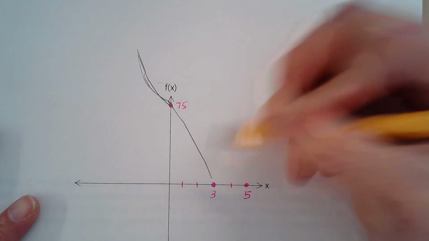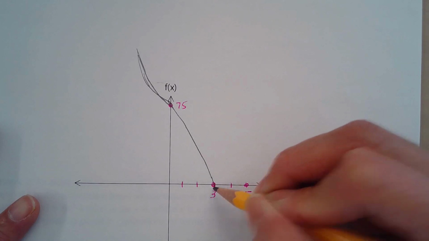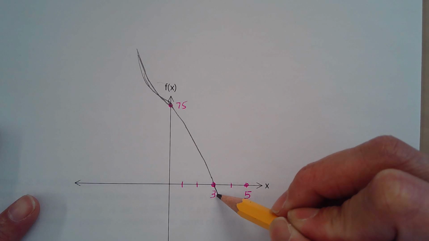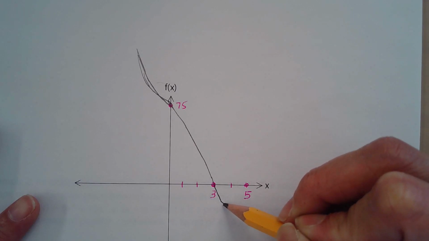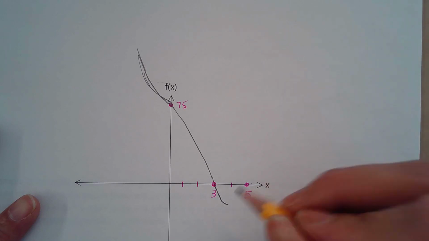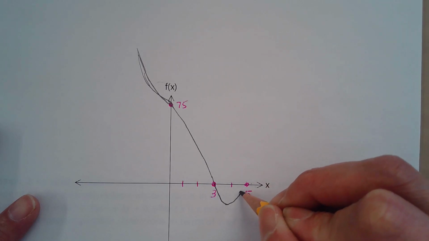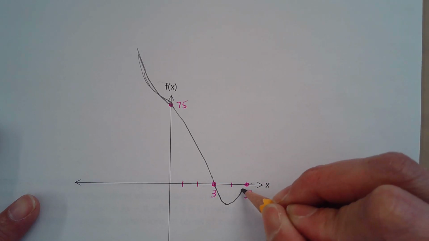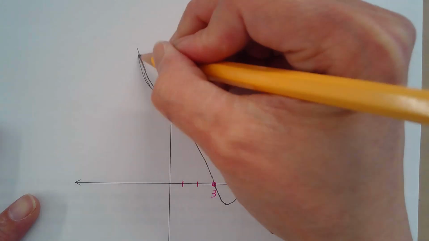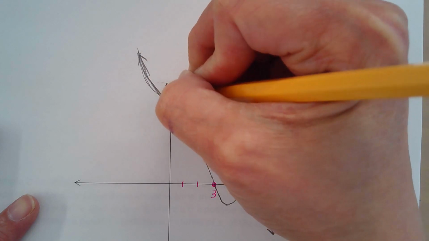No fancy thing there, right? And then it has to come down, but it also has to come back up, because if it goes down, then we won't be able to reach the 5. So it goes up, multiplicity of 2 for the 5, so it just bounces down. So that's what your graph looks like.